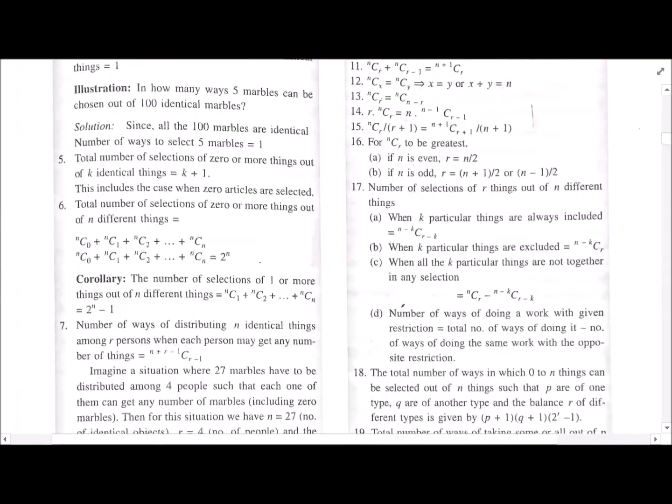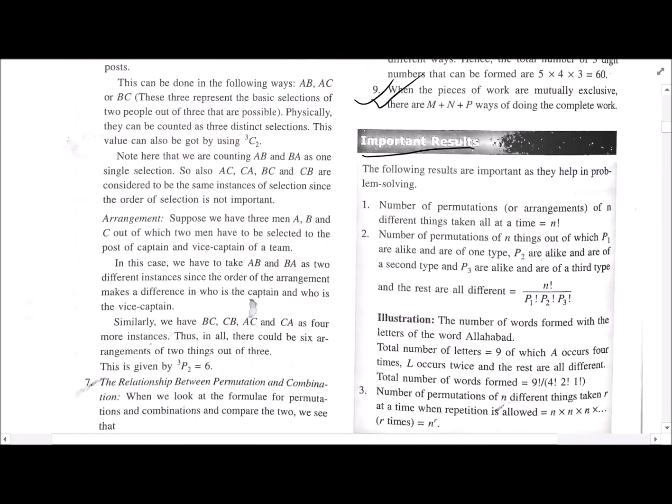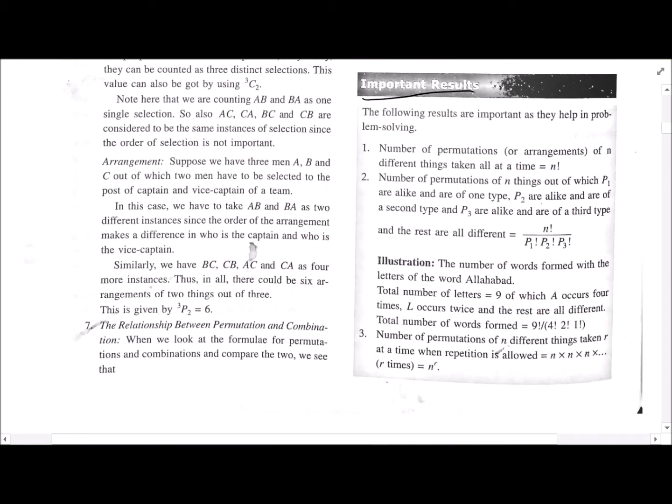Most of them we will be discussing in this video, and for that, we will need to know two new topics: permutations of words, and second one is permutations of digits.